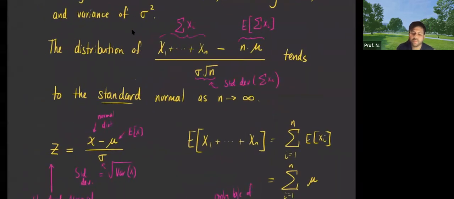And again, the central limit theorem just says that this entire thing, as n goes to infinity, becomes the standard normal, Z. That's called the central limit theorem.